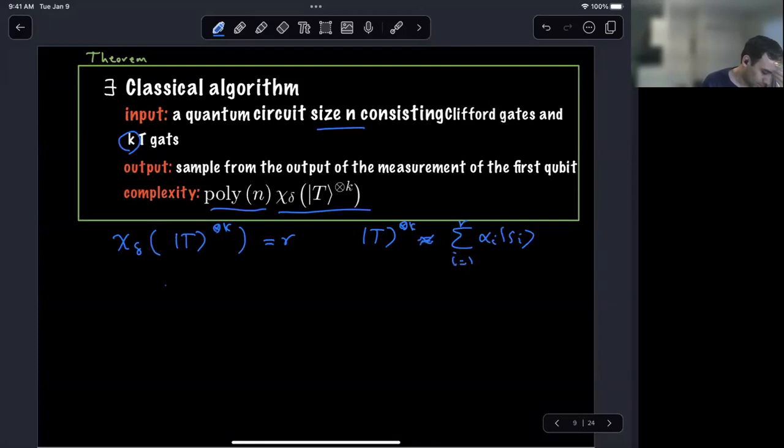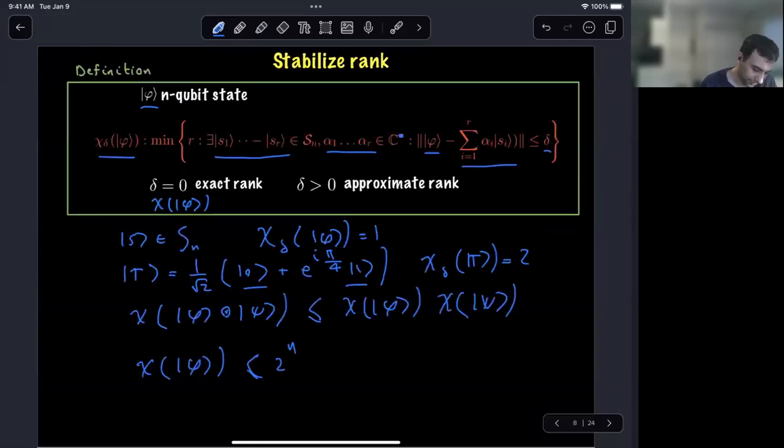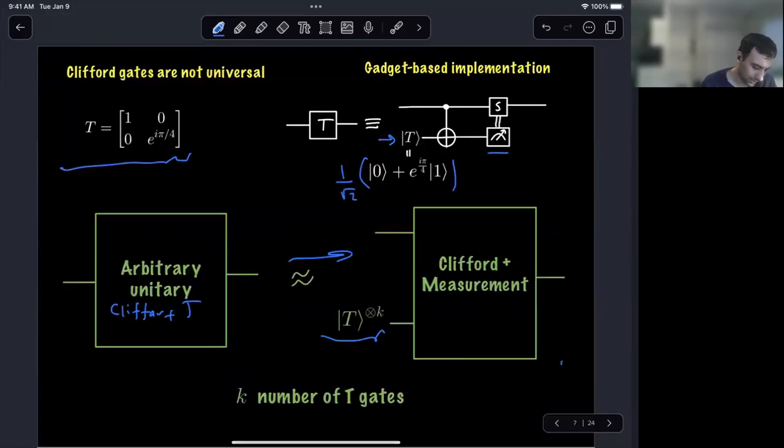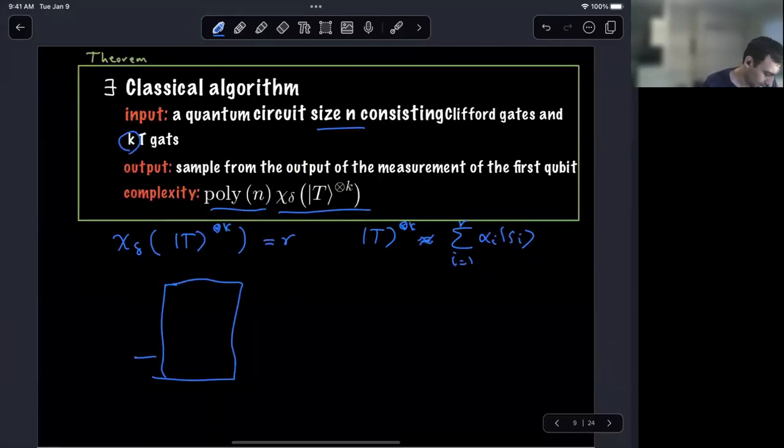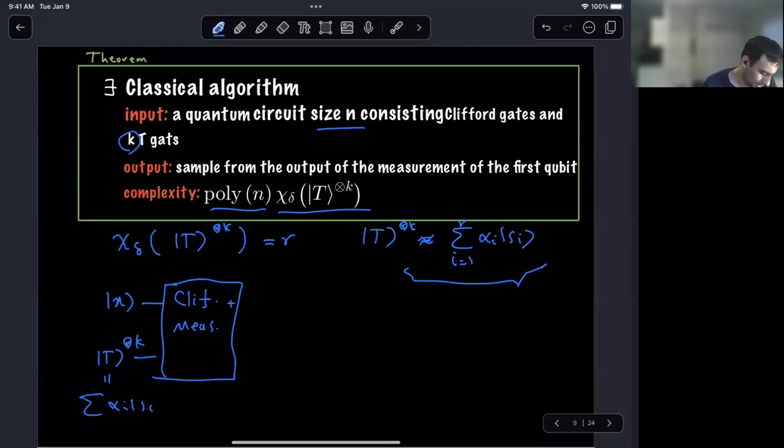And here, if we look at this slide, we can write our circuit in this way. Here we have T to the k and your input, and here you have Clifford plus measurement. Since we have this decomposition, you can write it in this way.